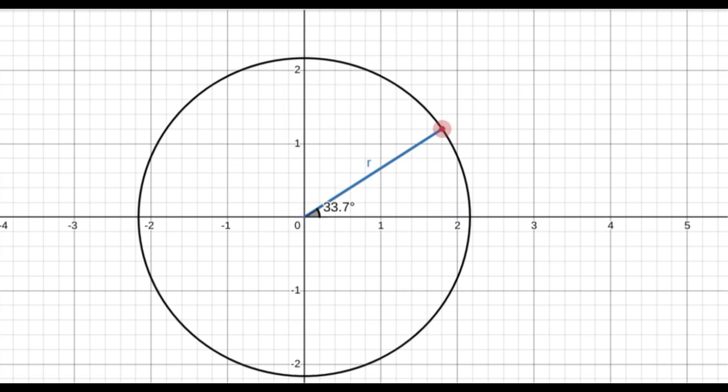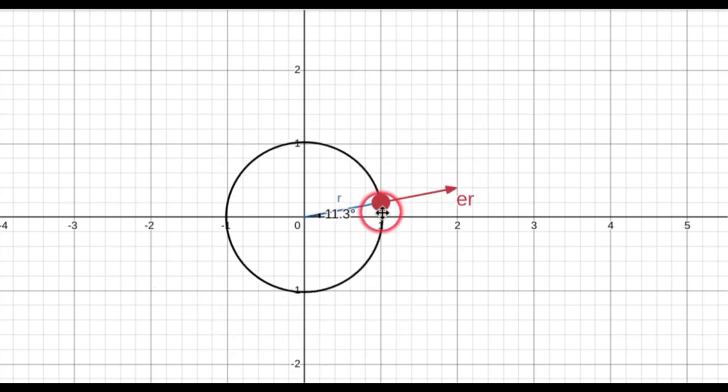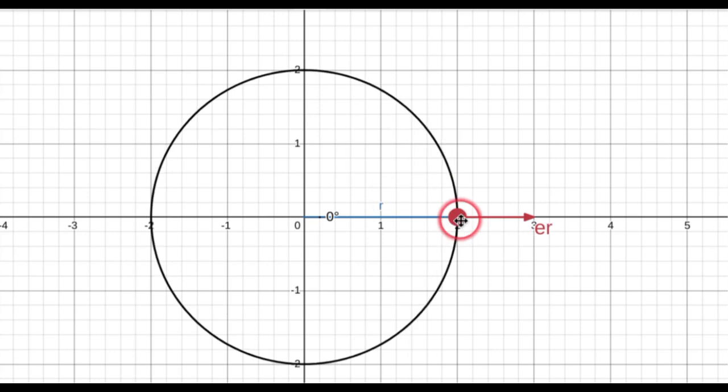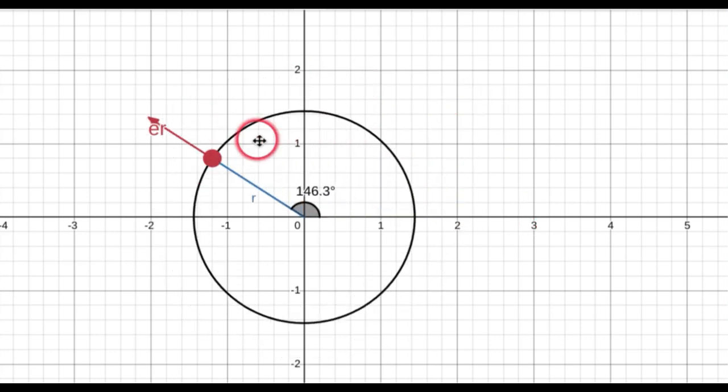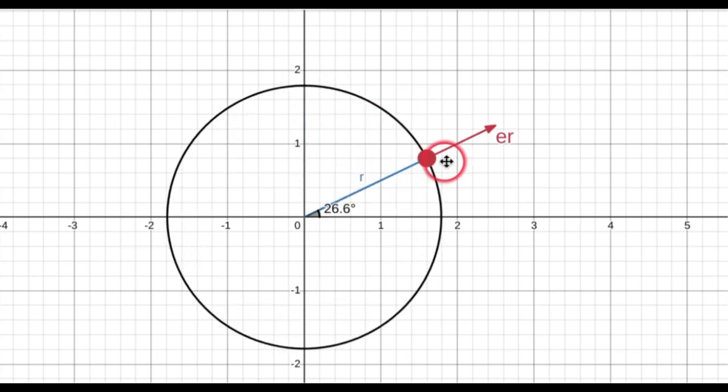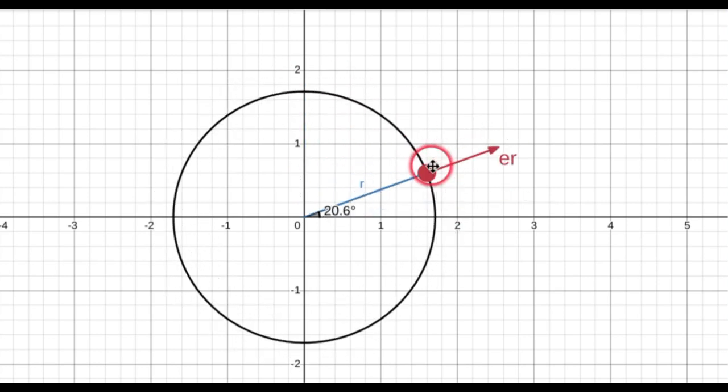Using those two formulas that we just saw, we're going to put in these basis vectors. So there is ER. Now, the ER basis vector is a unit vector. It is always length 1. It changes direction with R and theta, obviously, but it never changes the magnitude. Okay. And E theta, if I can find it.